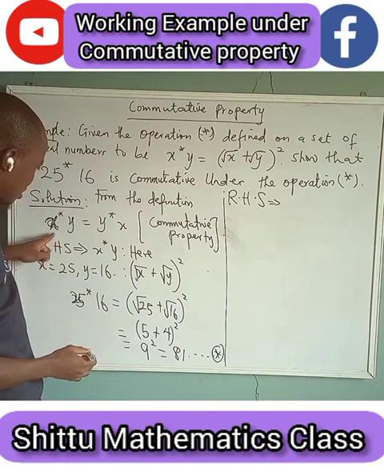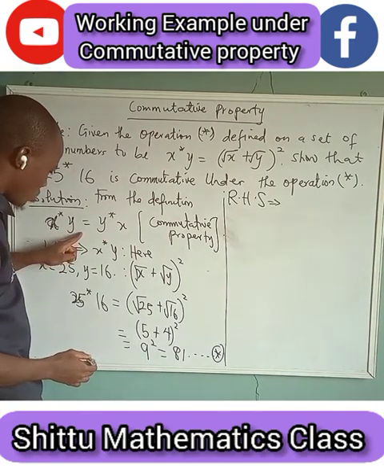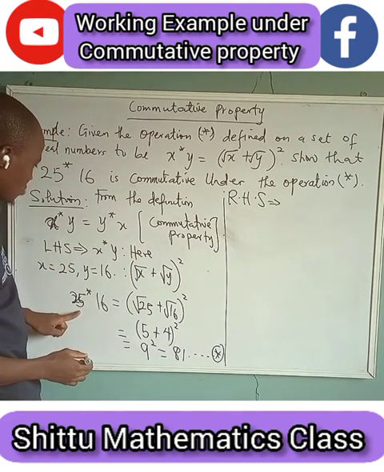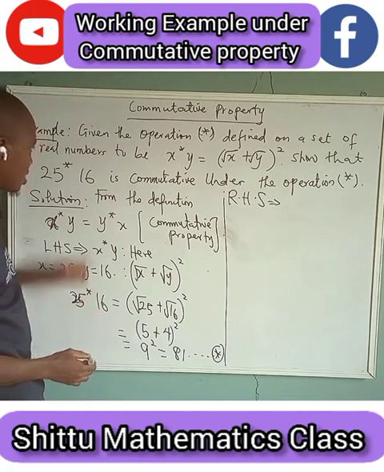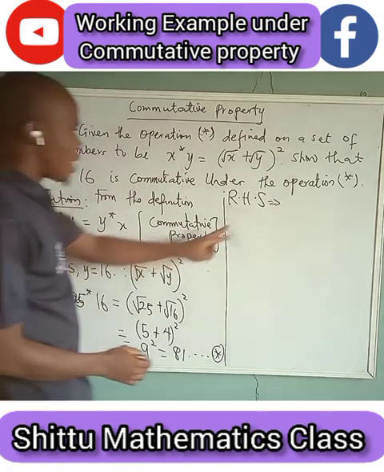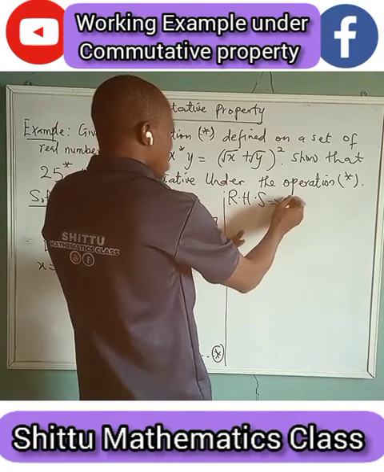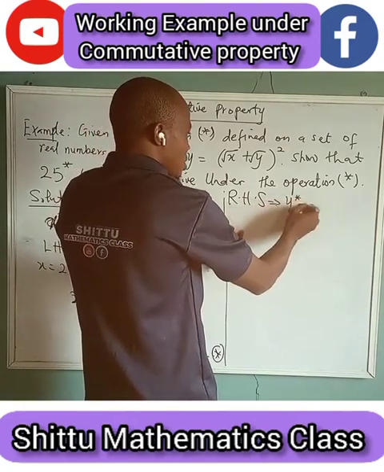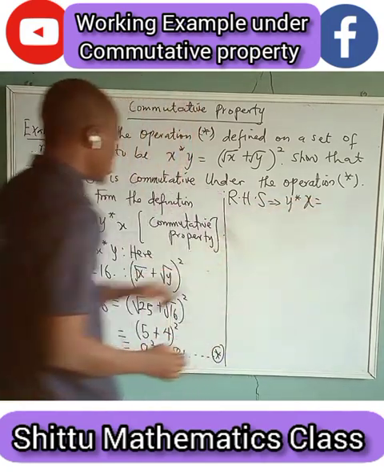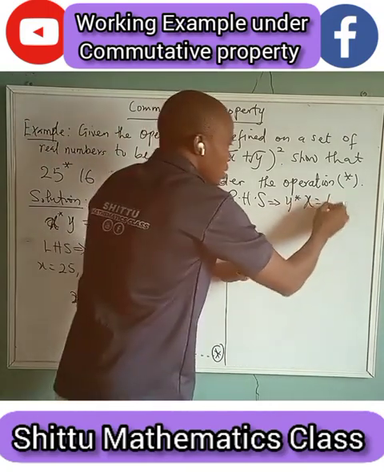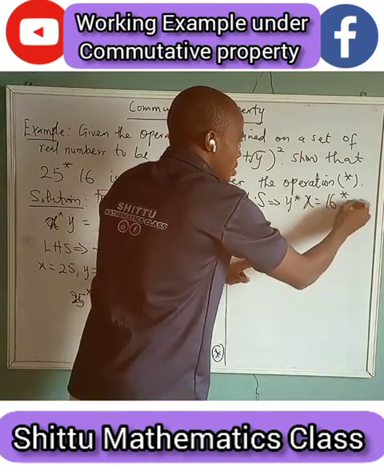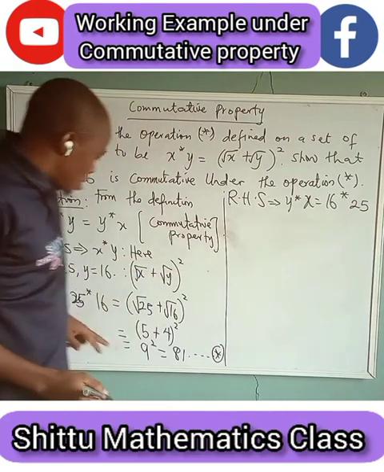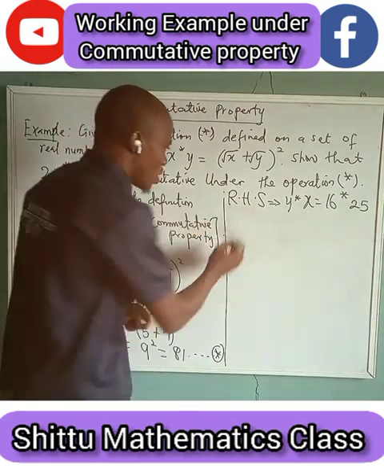You can see that x asterisk y that we have here is the same thing as 25 asterisk 16 according to the question given. So now our RHS, which is y asterisk x, will now be 16 asterisk 25.